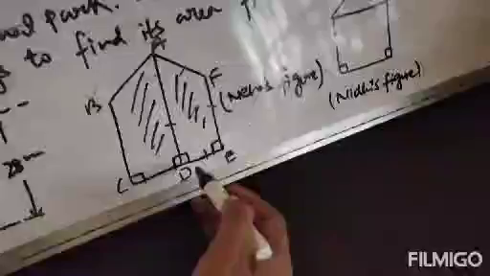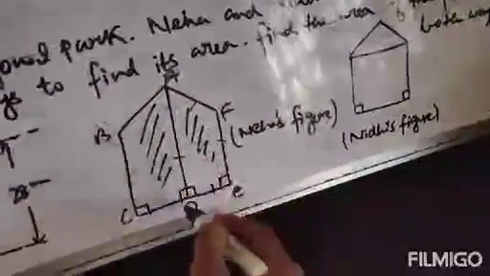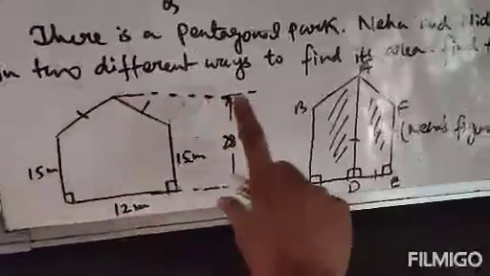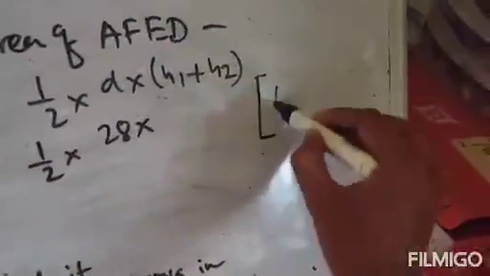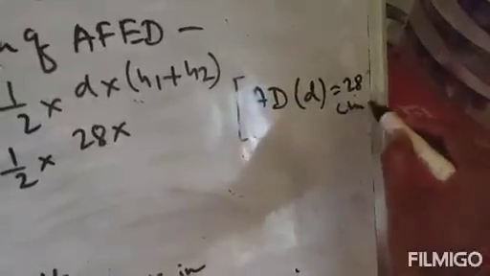Here this is the diagonal, AD is the diagonal. In case of this quadrilateral, diagonal is AD, which is given as 28. So here diagonal AD is 28.